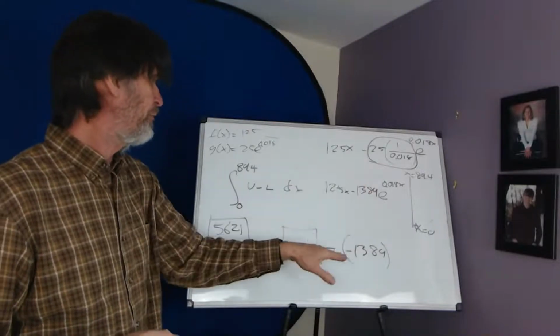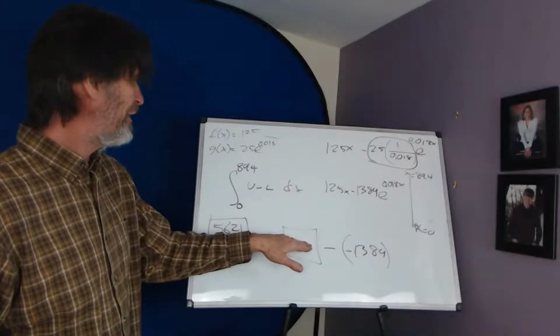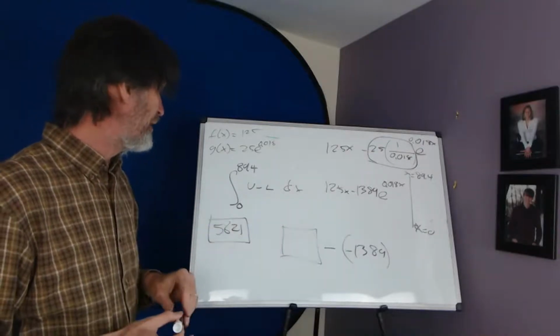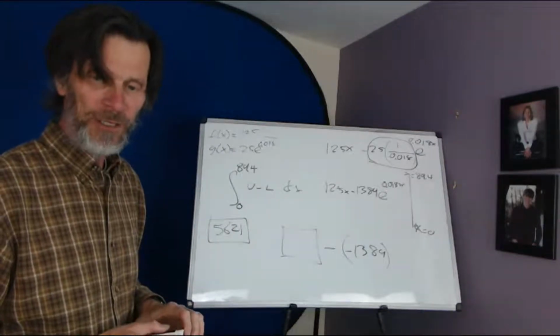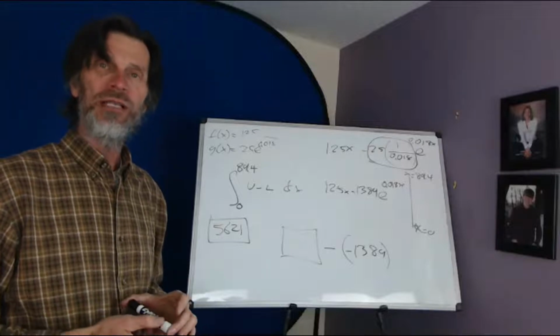Plug in 89.4 and tell me what you get. Well, it doesn't matter. You're going to get that, add 1384 to it, and you should get somewhere around 5621. Okay. Are there any more questions?